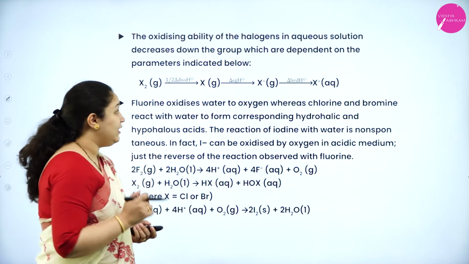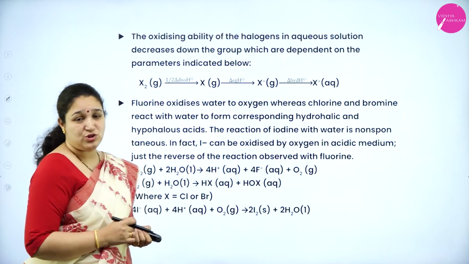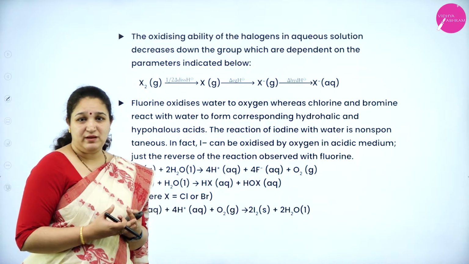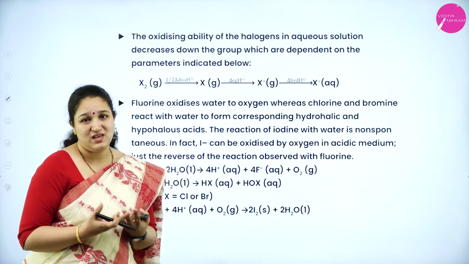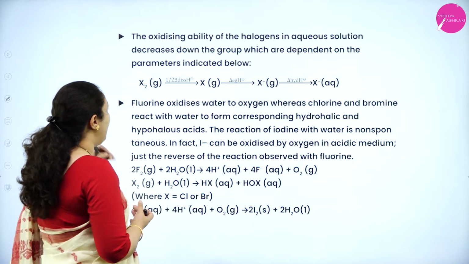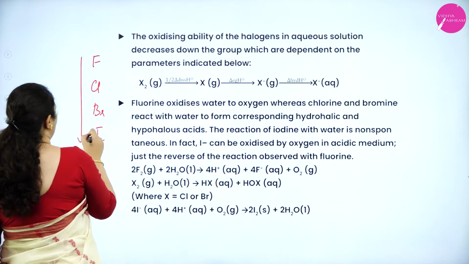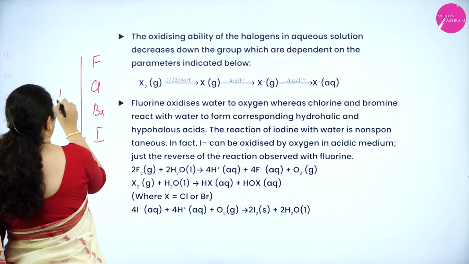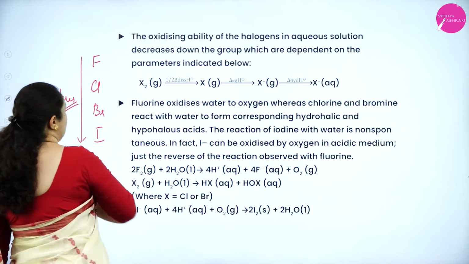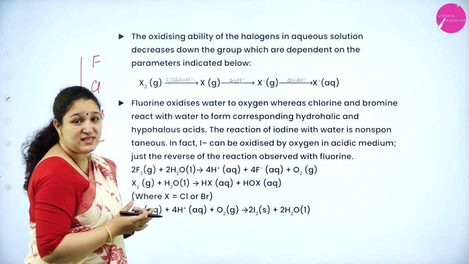Next is about the oxidizing ability of halogen. The oxidizing ability means how good an oxidizing agent it is. So what happens as we come down the group, the oxidizing ability decreases. That is because of the size again.